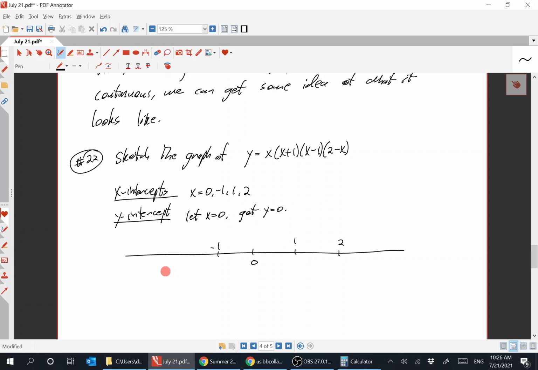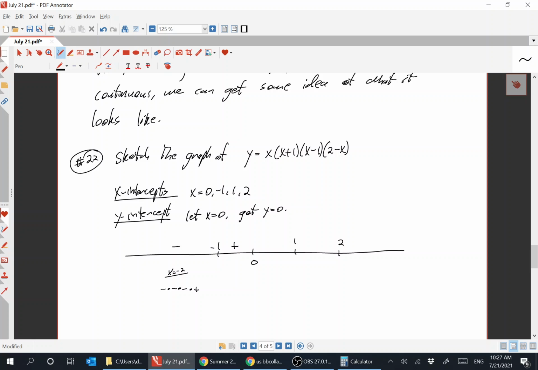So way down over here, if you take x equal to negative 2, the first factor is negative, this one is negative, this one is negative, this one, 2 minus negative 2 becomes 2 plus 2 is 4, it's positive. So in this interval, it's negative.